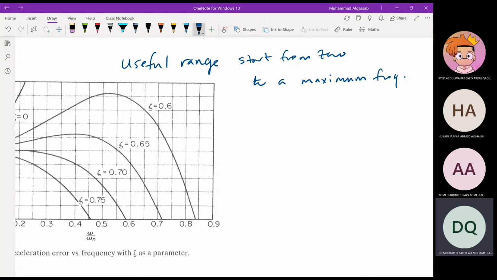The maximum frequency ratio will be less than 1 for sure.